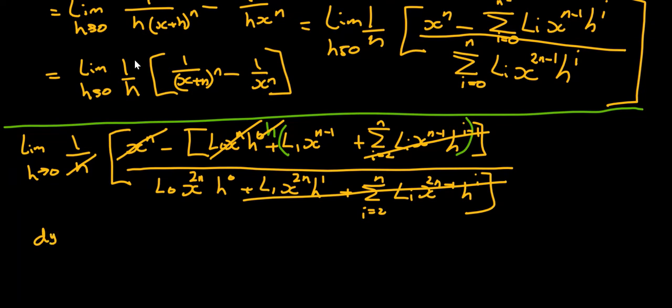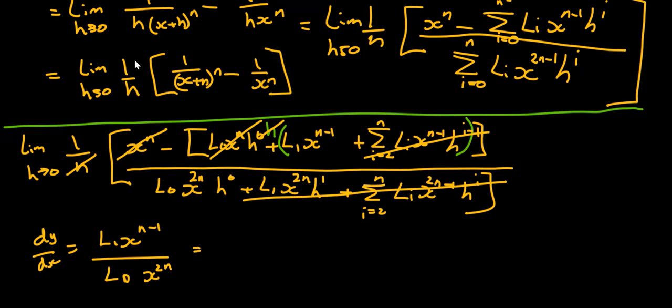So we are left with dy by dx is minus nC1 x to the n minus 1 all over nC0 x to the 2n.